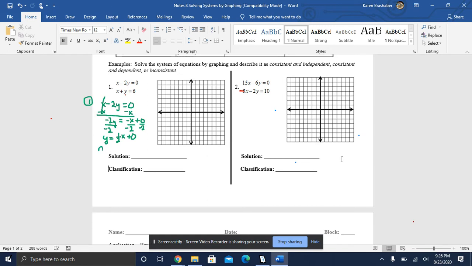So for that first equation, your slope is 1/2, and the y-intercept b is equal to 0. And I'm going to go ahead and graph equation number 1. So with b starting at 0, that is right at the origin where the x and the y-axis intersect at 0, 0.